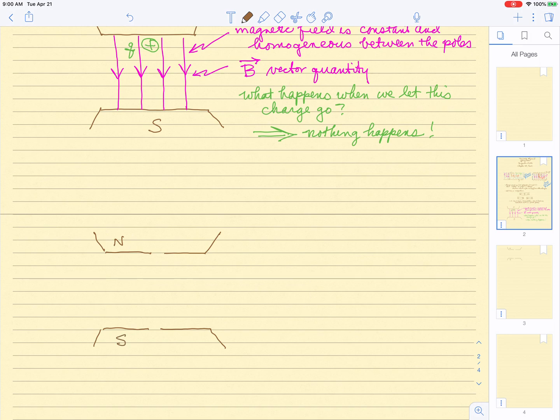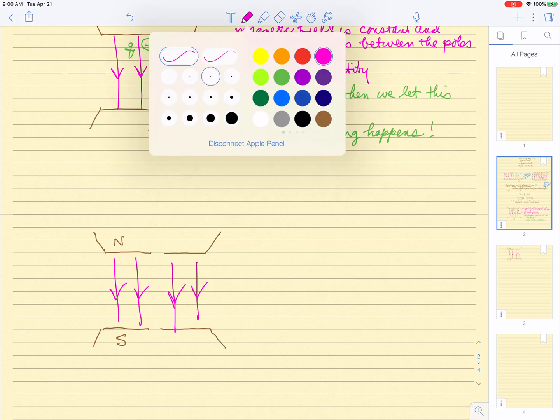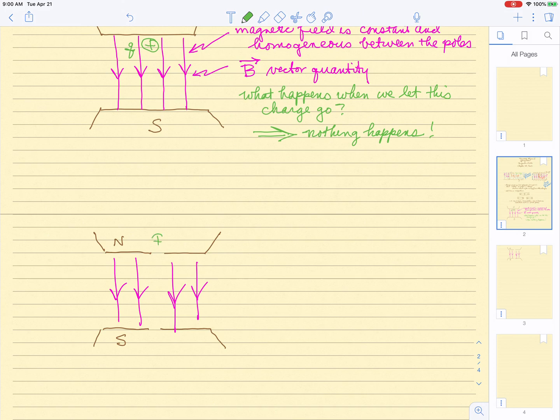And this time, again, we can't forget that we have magnetic field between the poles, and we're going to take our positive charge now, and we're going to shoot it right down that hole that we drilled through the poles. Okay, and so we have a velocity vector now, which is parallel to the magnetic field vector.